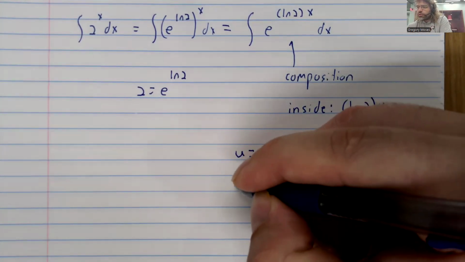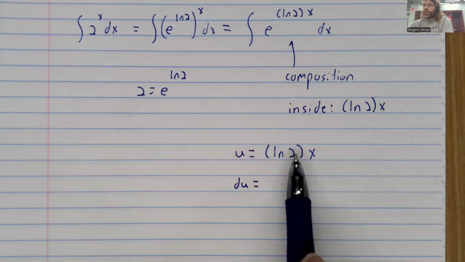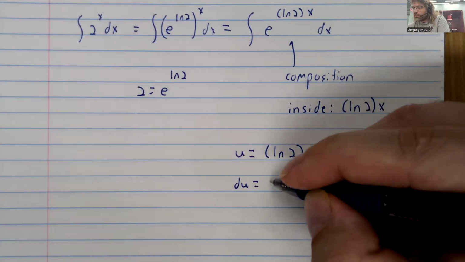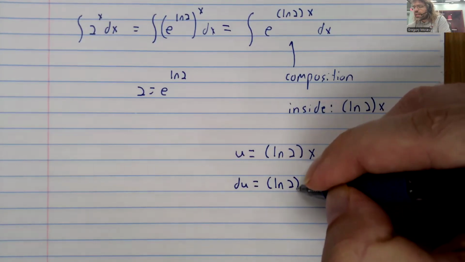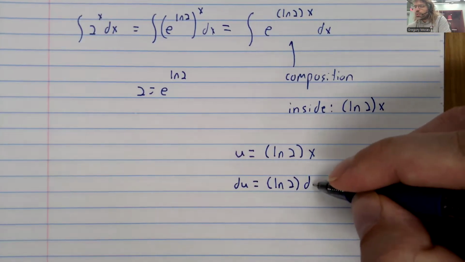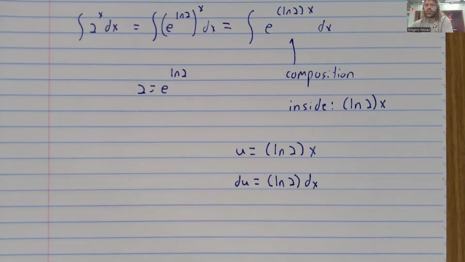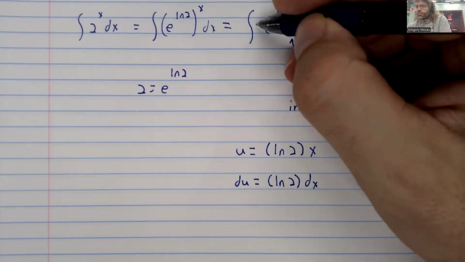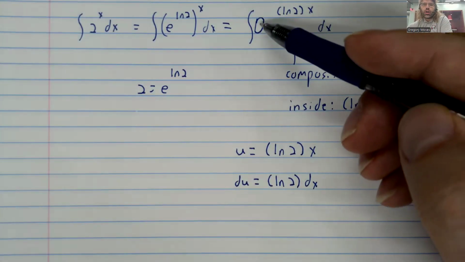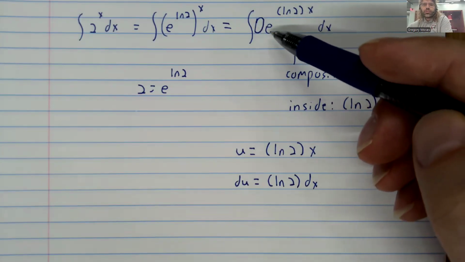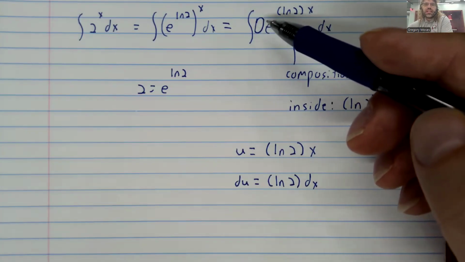So when we do substitution, du, the derivative of a number times x is the number, so du is the natural log of 2 dx. Only we don't have the natural log of 2 in front of e. We don't have anything in front of e.